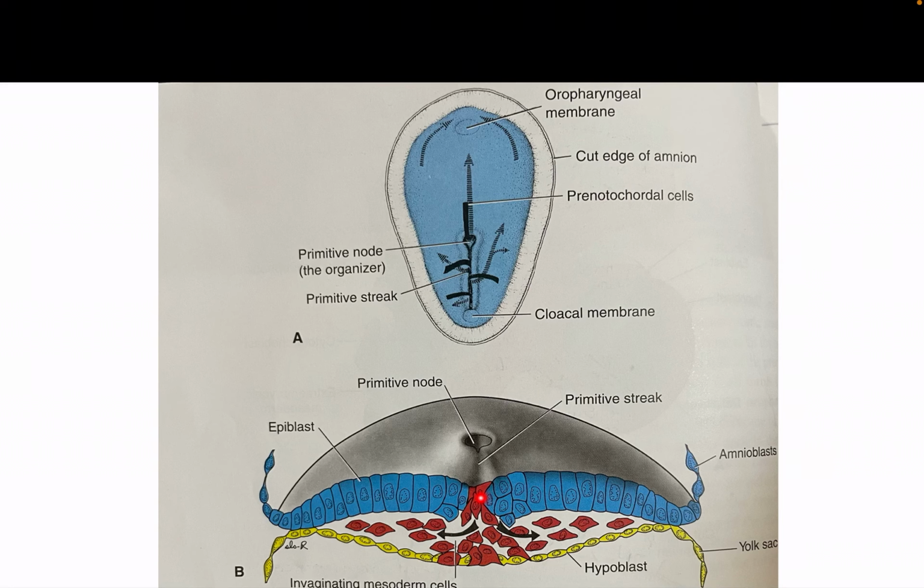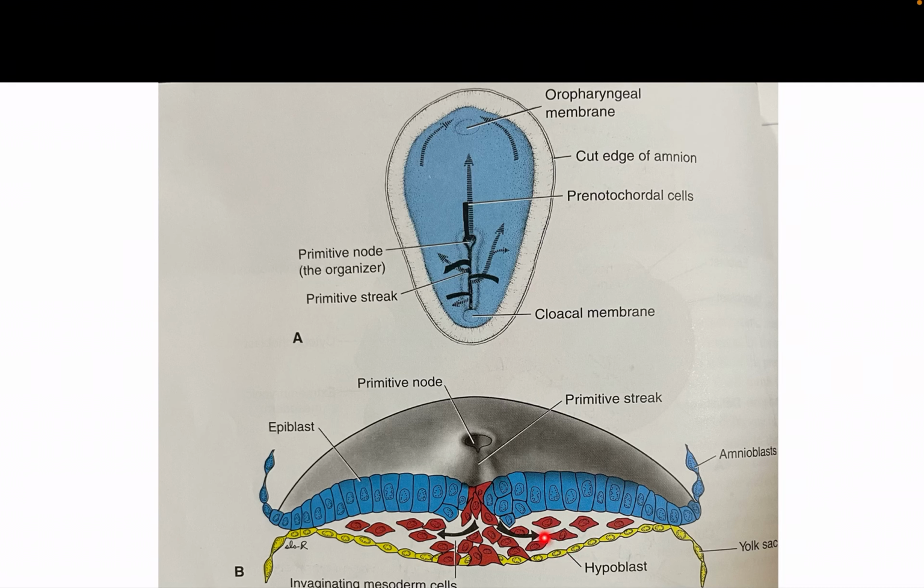Ingression is the penetration of the cells through the groove between the epiblast and hypoblast. By ingression the third layer develops, the mesoderm. This is intraembryonic, not extraembryonic, as previously told. So it now becomes 3 layers, which is the process of gastrulation.